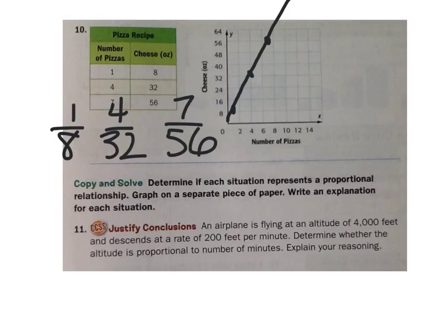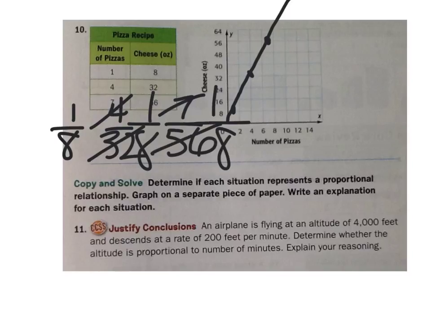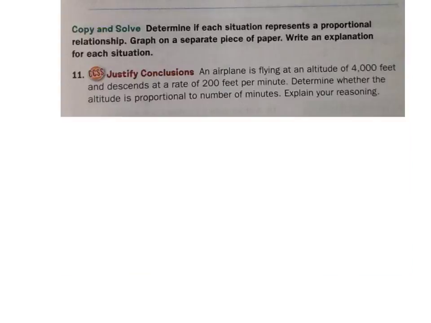This one, 4 goes into 32. Well, let's see, that would be 1 time 4 goes in there, and 8 times goes in here. 1/8, same thing. 7 goes in here once. How many 7s go into 56? 8. There you go.